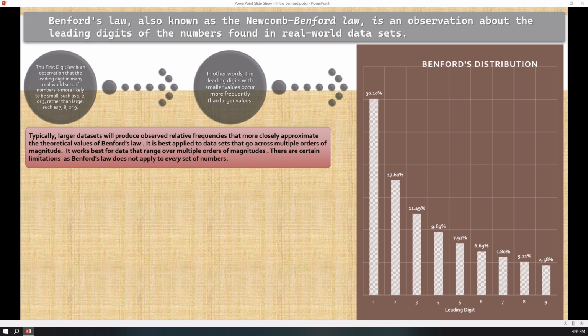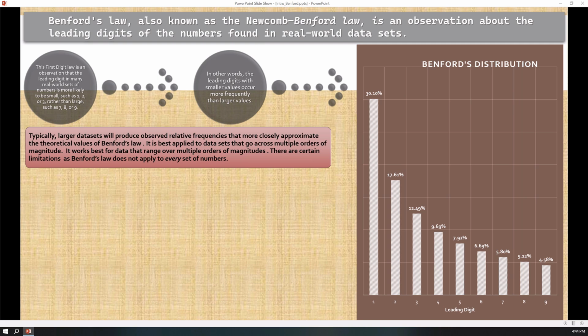And also some days you might get a $1,000 sale, or $10,000, and if the company is large enough, it goes into millions too, right? So that means we have multiple orders of magnitude. These are the datasets where you could apply Benford's law to test whether they obey the theory or not.